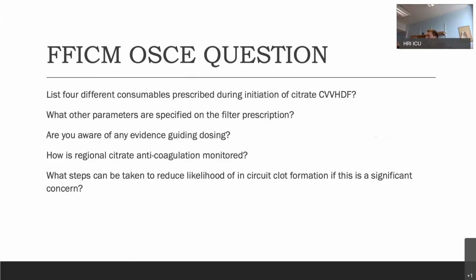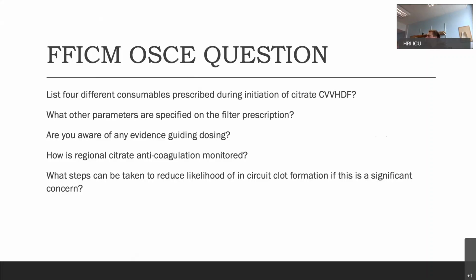The other thing is protocols also specify an initial calcium replacement rate. That's based on the patient's pre-filtration calcium level, and then that's adjusted every few hours by the nursing staff according to the protocol. What about evidence guiding dosing? Does anyone know of any trials that we might use to decide our dose? So people are saying 25 to 35 mils per kilo for severe multi-organ failure or sepsis. That's good. And what study hinted at those guidelines?